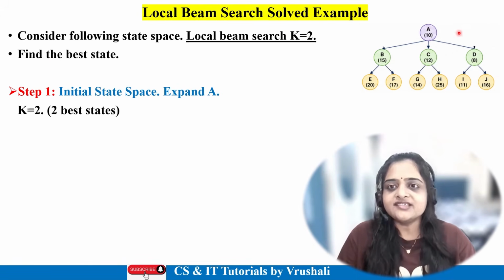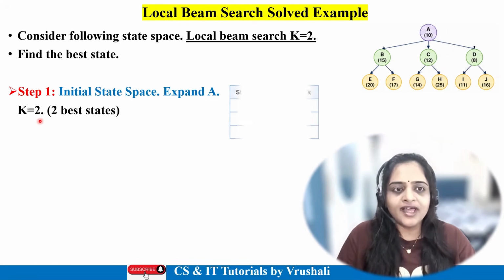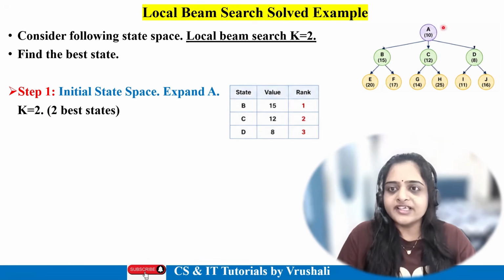Initially we start with A, that is your initial state. Your first step is to expand A. You have to explore all possible nodes starting from A, and your k value is 2. Exploring all the nodes from A, that is B, C and D, their evaluation values are already given: B equal to 15, C equal to 12 and D equal to 8.